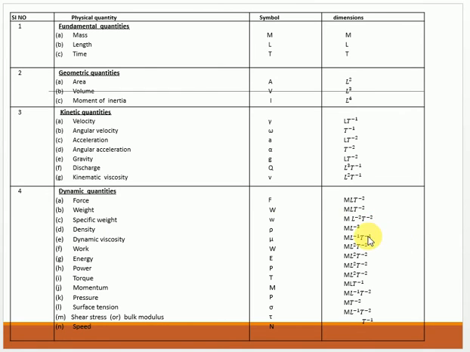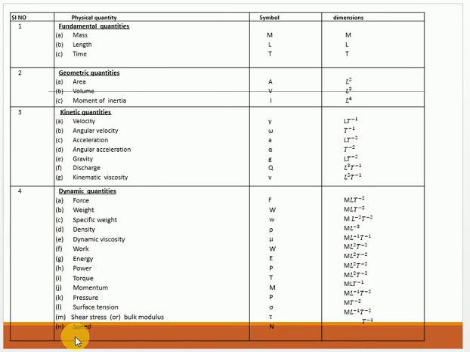So M L T power minus 2 per meter cube, L power minus 2 into L power 3, it gets cancelled and becomes M L power minus 2 T power minus 2. Density is kilogram per meter cube, kilogram mass per meter cube, so M L power minus 3. It's the same way for each and every parameter.